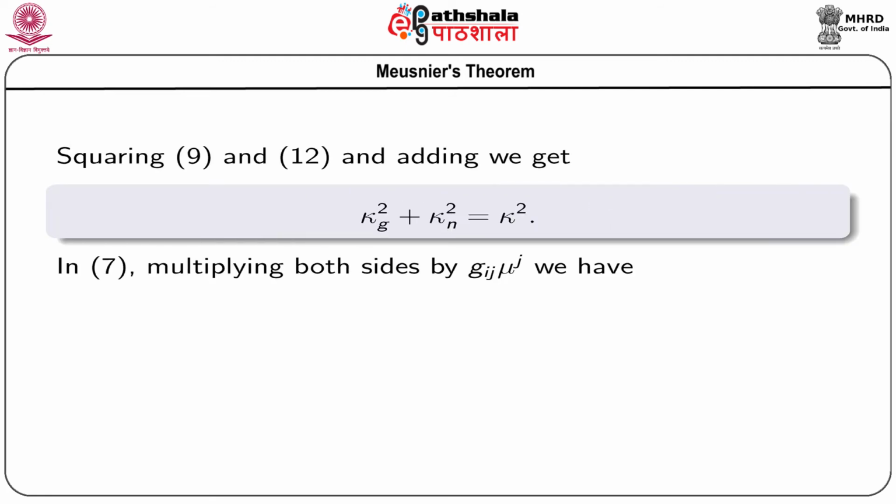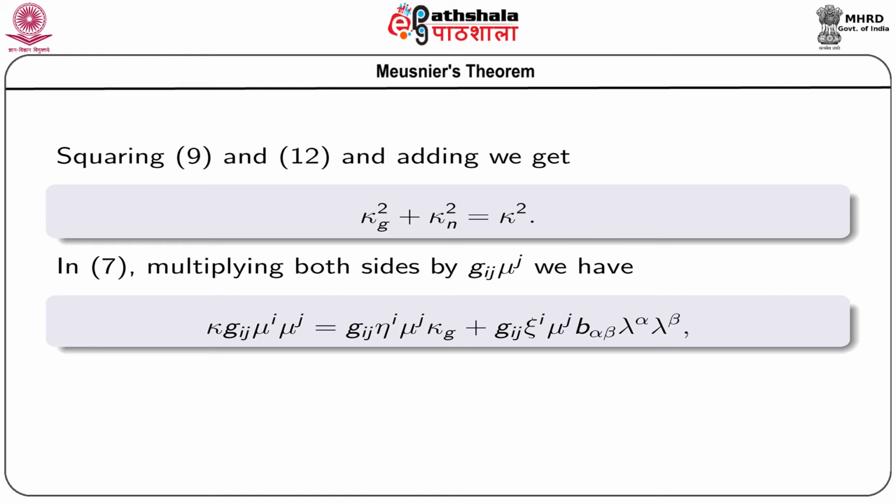Now, in 7, if we multiply both sides by g I j mu j, then we get kappa g I j mu I mu j equals to g I j eta I mu j kappa g plus g I j xi I mu j b alpha beta lambda beta. From 7 we get this relation after multiplying by g I j mu j.